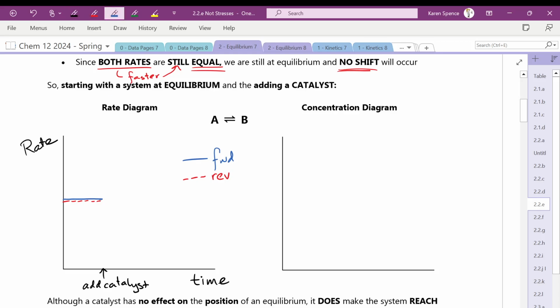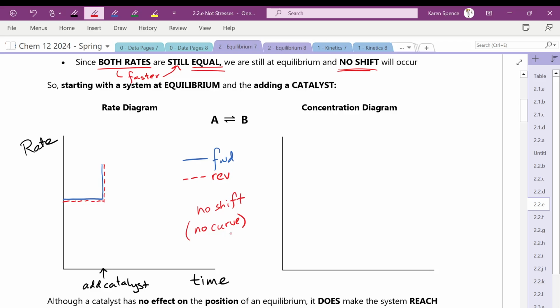The forward rate increases, the reverse rate increases by the same amount. And because those two rates are still equal, there's going to be no shift. And if there's no shift, there will be no curve.